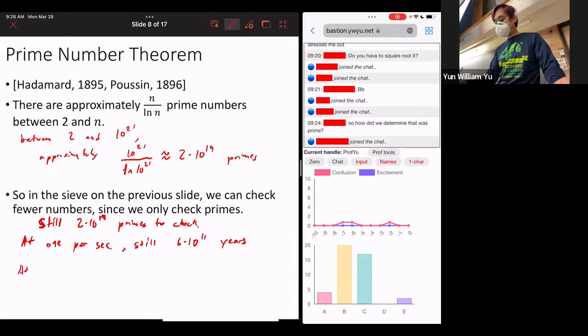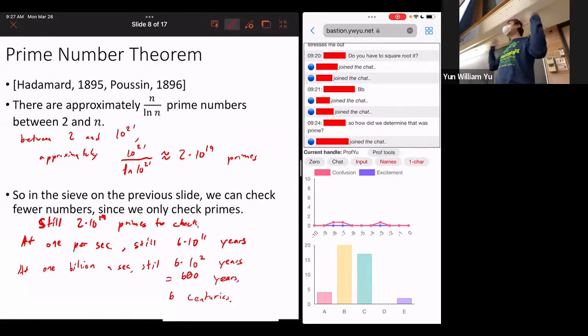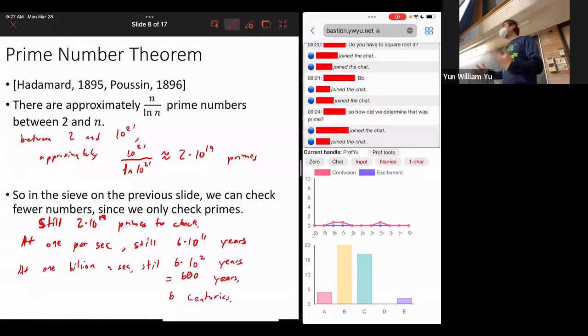And at 1 billion a second, that's still 6 times 10 squared years, which of course is equal to 600 years, or 6 centuries. And that is just way too long to wait. The point I'm trying to make is that this kind of problem, asking is a number prime, is hard even for computers.